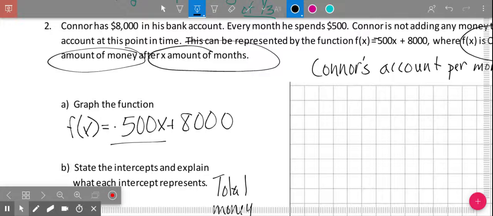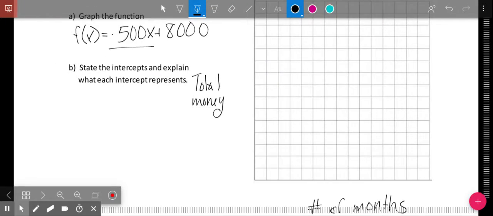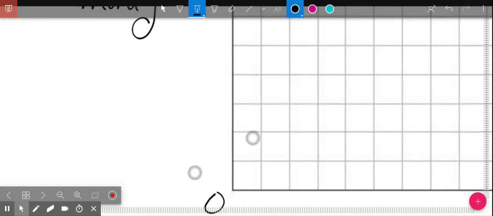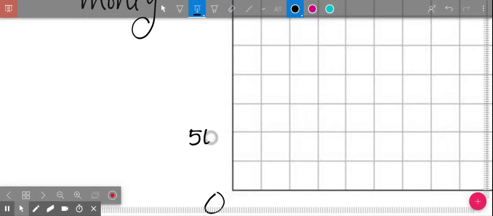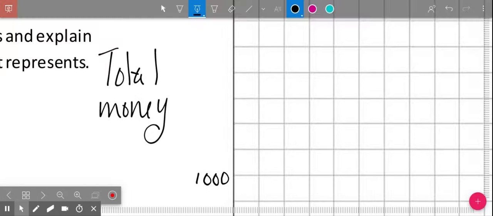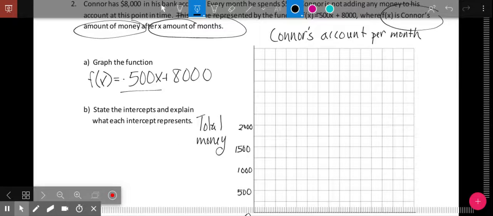So I'm going to go up by 500s for my pattern or my scale. I'm going to start at 0. I'm probably going to skip just because it's going to be easier to write. So 500, 1,000. Well, shoot, I'm not sure if I'm going to have enough room. Maybe let's scroll out and see. Nope, I'm probably not going to have enough room, so I probably can't do that. Sorry, guys.